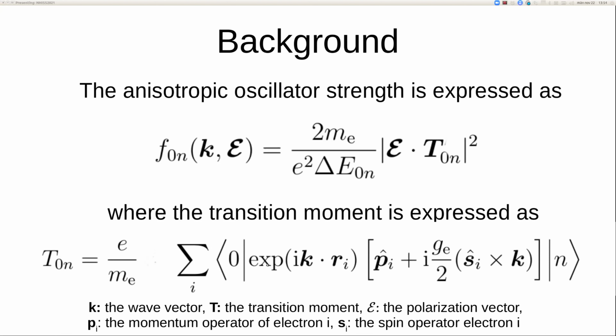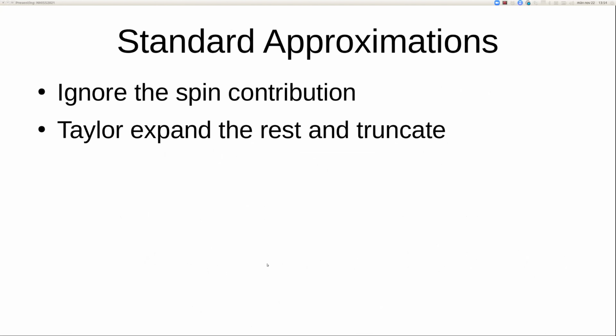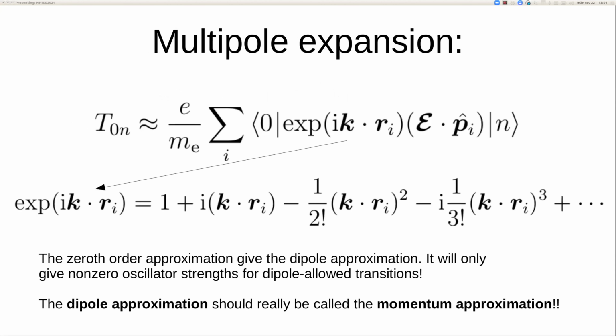Usually, as we proceed, we tend to ignore the spin contribution because that's usually very small. Actually, I don't know any case yet where it makes a significant difference. And for the exponential expression with the complex argument, we do a Taylor expansion and truncate that. So here I'm taking this exponential expression and replacing it with a standard Taylor expansion.